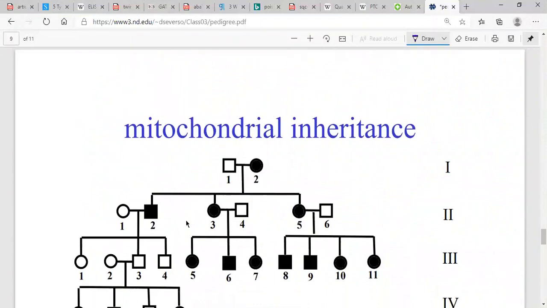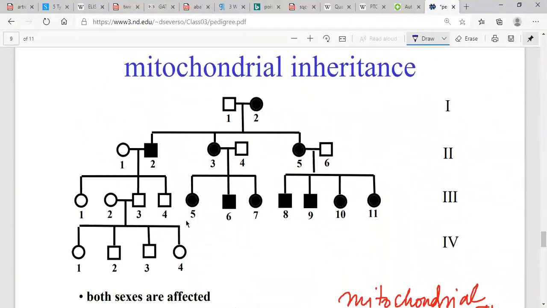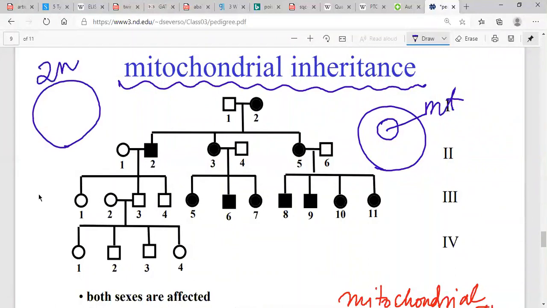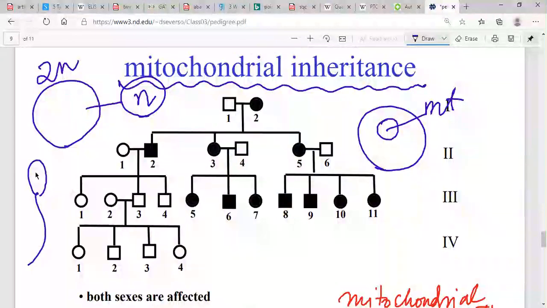Last part that I wish to discuss with you is the mitochondrial inheritance, and this is a very interesting kind of inheritance that could be transmitted by the mitochondria. To understand it, we have to understand the zygote formation. As we know, in the female, the ovum is produced and the male contributes the sperm nucleus only.